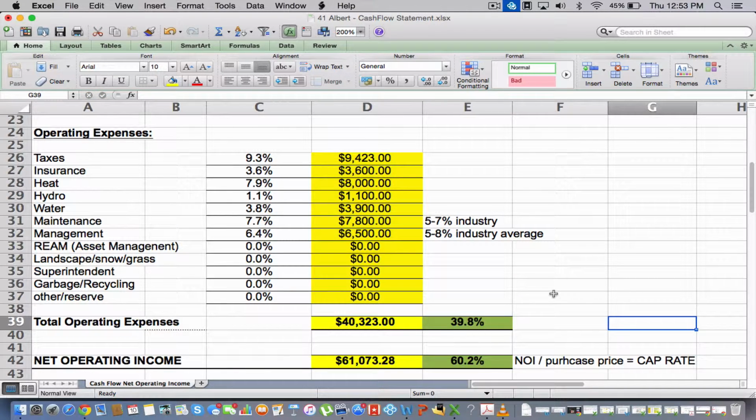So we'll get into that calculation a little bit more as we get into the return section, but I wanted to give you that frame of reference now so you keep it in the back of your mind.